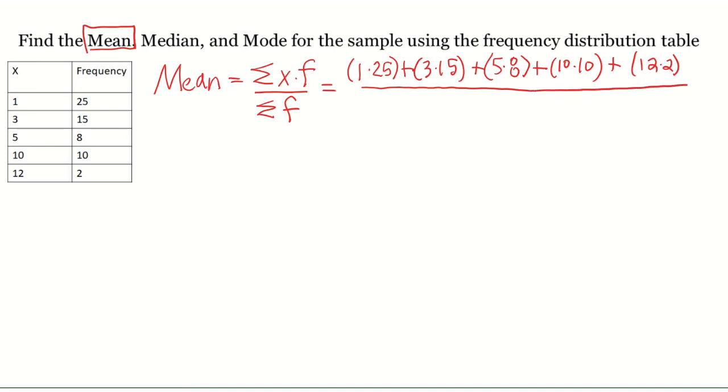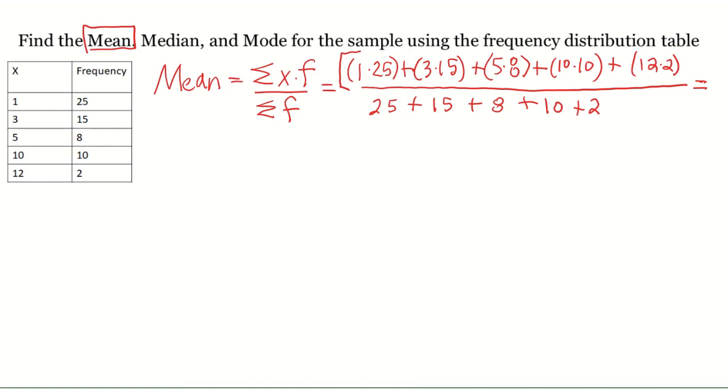Then I'm going to sum the frequencies. That's going to be 25 plus 15 plus 8 plus 10 plus 2. When I sum all the frequencies, that's going to give me the total number of data in my sample size. So let's go ahead and plug this into our scientific calculator.